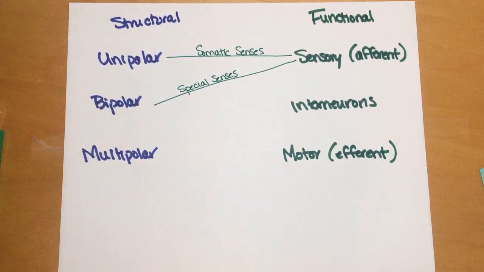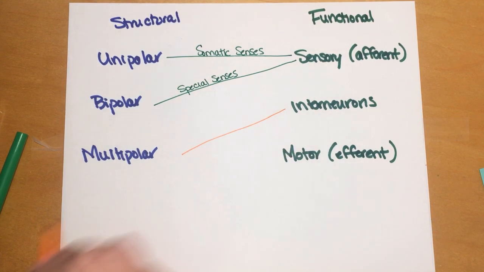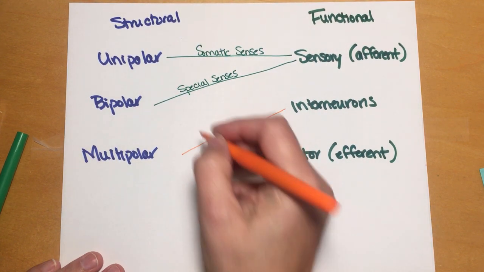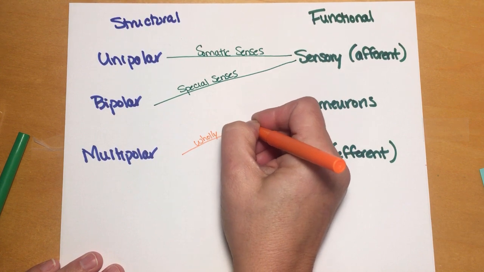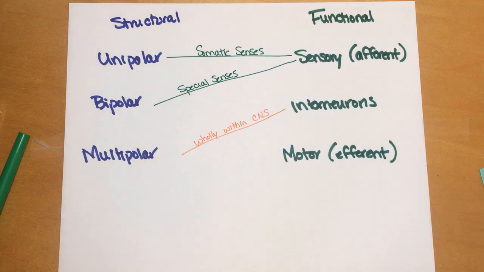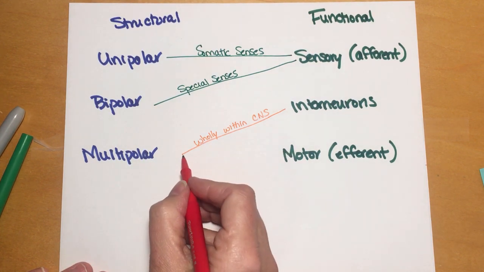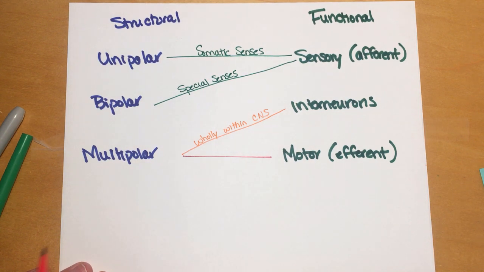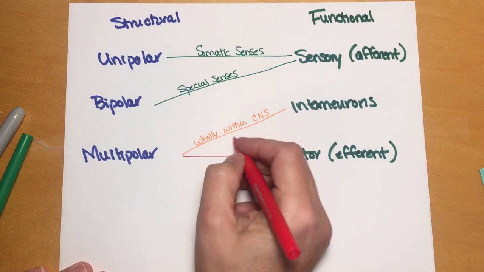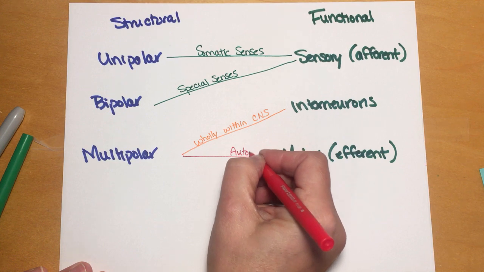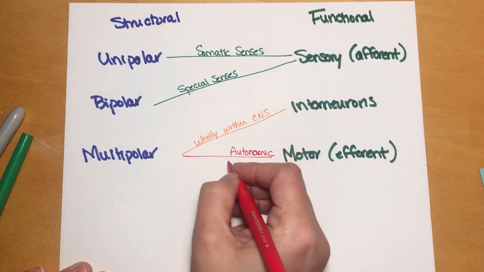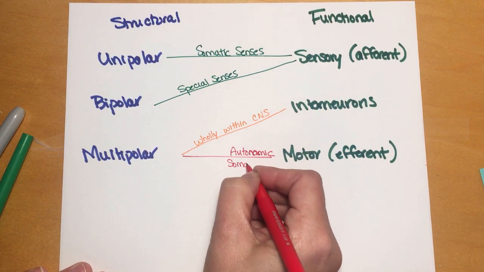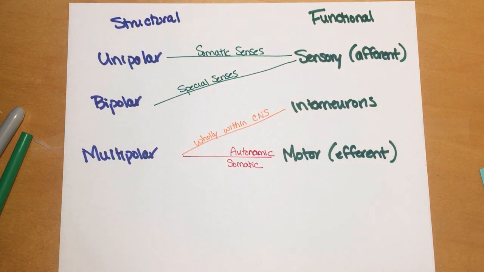Interneurons are always multipolar, but interneurons are wholly within the CNS, so they don't have any parts outside. Motor neurons are also always multipolar, and these are going to be our two divisions: autonomic, which is our involuntary, and somatic, which is our general body or our skeletal muscles.